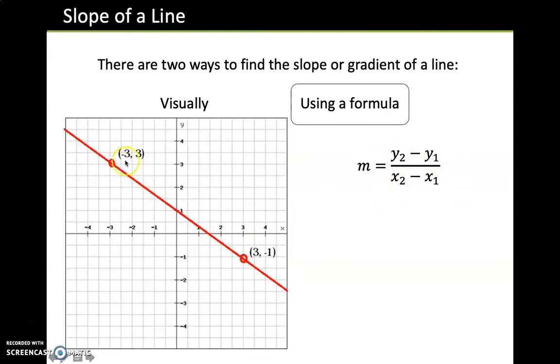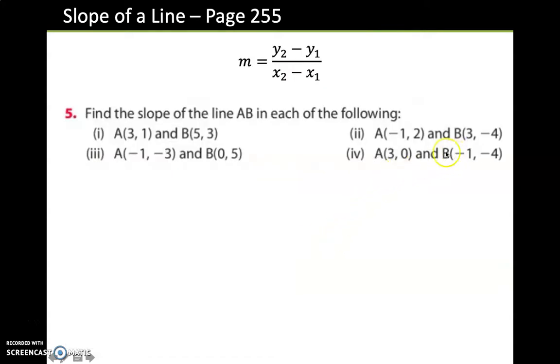My points are minus 3, 3, and 3, minus 1. I'm also going to go through the last question on question 5, and the rest of question 5 is going to make up your homework. The reason we use the formula is that more often than not you're just given the points. You're not usually given a diagram with a line.